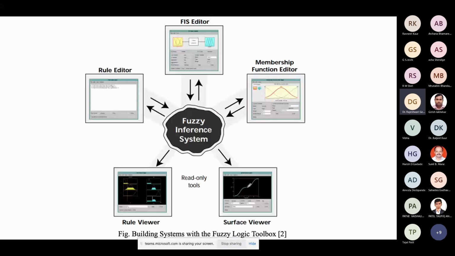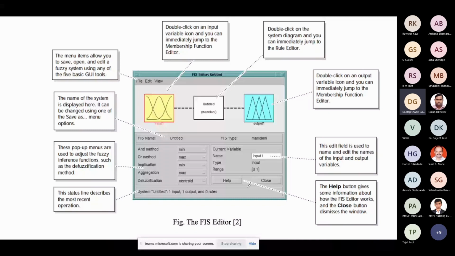This is a fundamental block diagram of the fuzzy editor. I hope this thing is new for you. If it is new, then you can try to understand how it works. Here we are making a Mamdani kind of system.